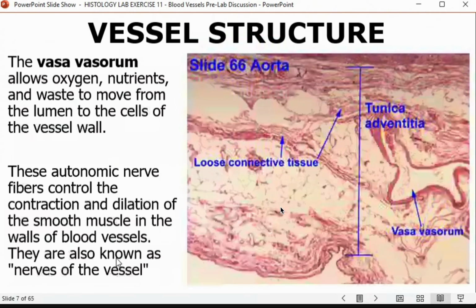What's the vasa vasorum? It's a blood vessel for your blood vessel. For very large arteries, or very large blood vessels, because they are so large, they also need their own blood supply. The vasa vasorum allows oxygen, nutrients, and waste to move between the lumen and the cells of the vessel wall.